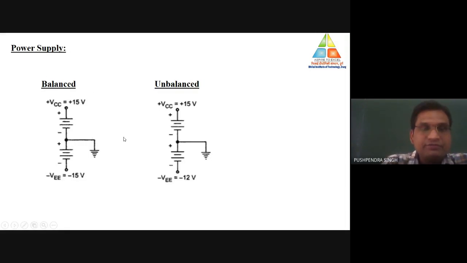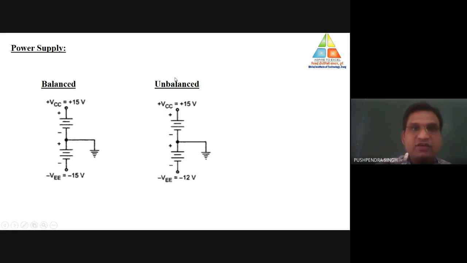As I told you, for an operational amplifier only a dual power supply is used, and a dual power supply can be of balanced type or unbalanced type. Balanced means the values of the positive and negative power supply are the same. So if the values of the DC signal are the same, that is called a balanced power supply.